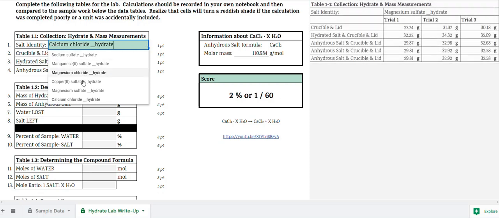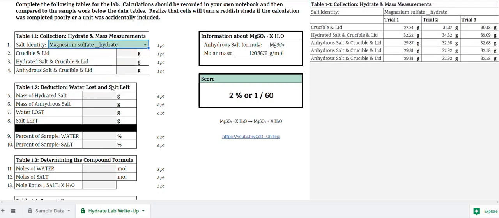The substance I actually have is magnesium sulfate, or Epsom salts, and it says that my crucible and lid have an overall total mass of 27.74 grams. The hydrated salt, which was added, these would be my Epsom salts or the magnesium sulfate crystals, added into the crucible and lid, had a total mass of 32.22 grams.